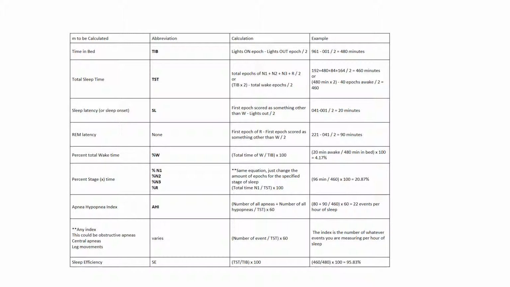In the example, the patient had 192 epochs scored as stage N1. They had 480 epochs scored as N2, 84 epochs scored as N3, and 164 epochs scored as REM. Then divided that total number by 2, and the patient spent 460 minutes asleep.